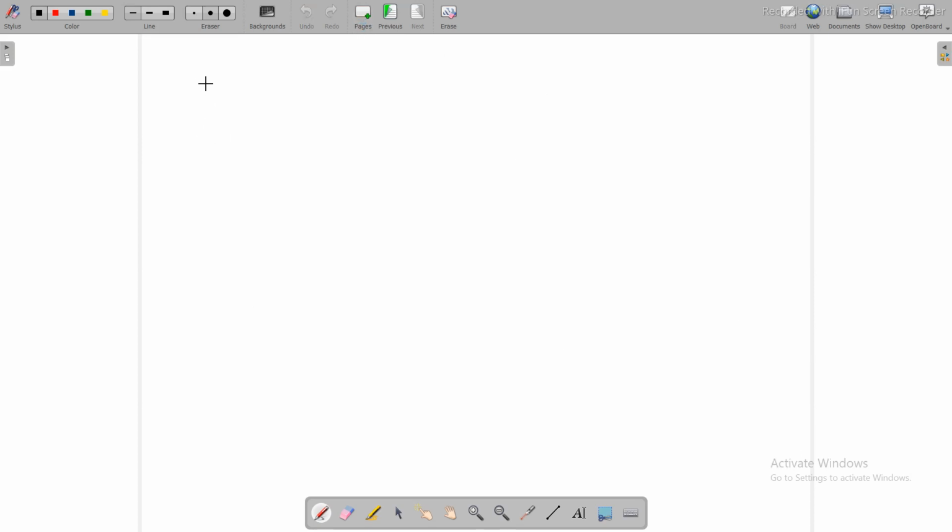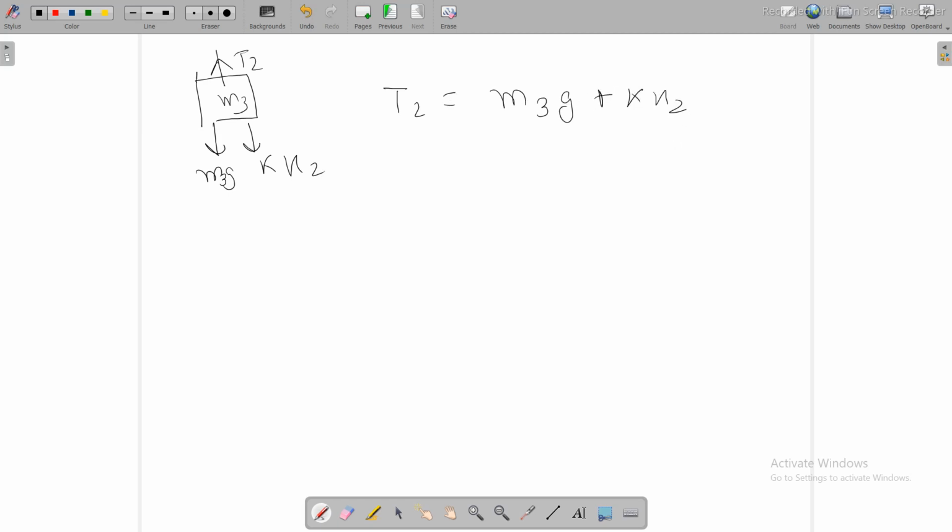Now for mass m3, there is tension T2, a weight force m3g and a spring force kx2. Therefore at equilibrium T2 is equal to m3g plus kx2. This is equation number 3.